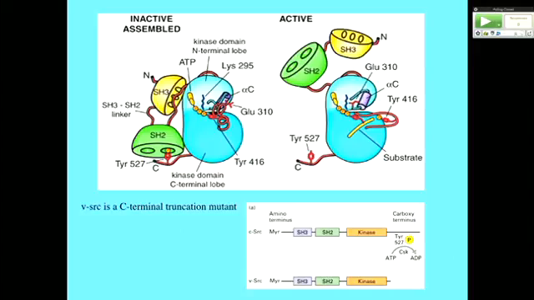That's seen very easily when we compare the sequence of cellular Src to that of viral Src. A prominent difference is that the viral Src gene is missing this carboxy terminal domain entirely.